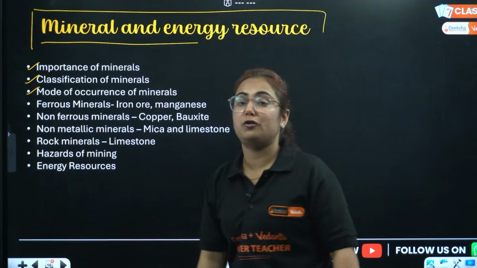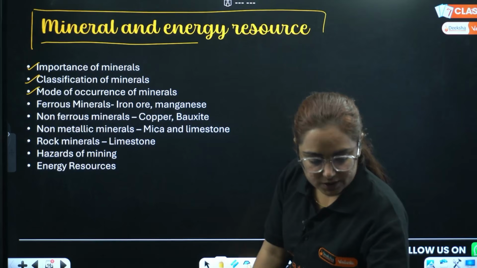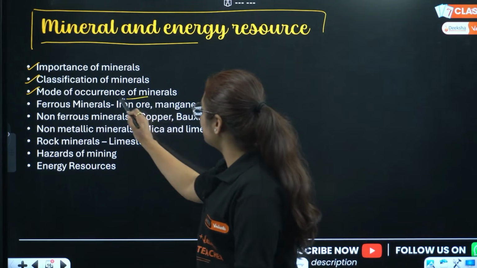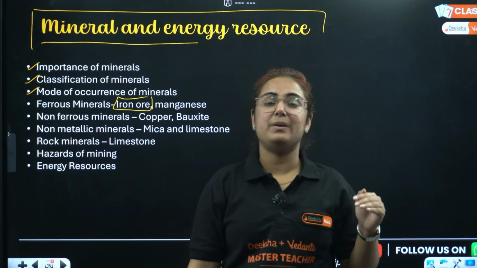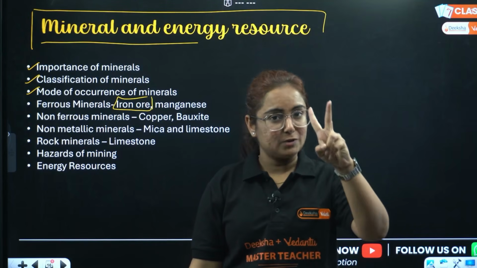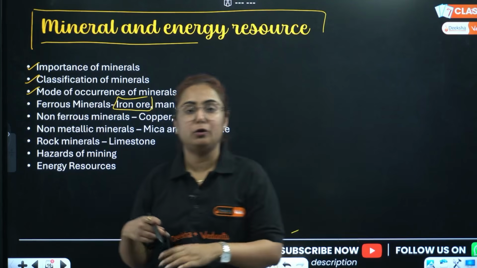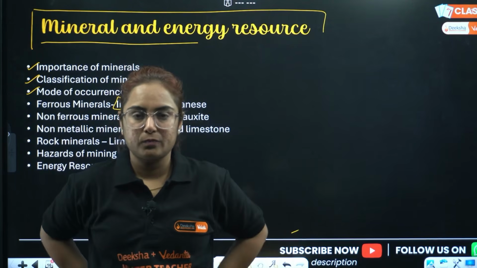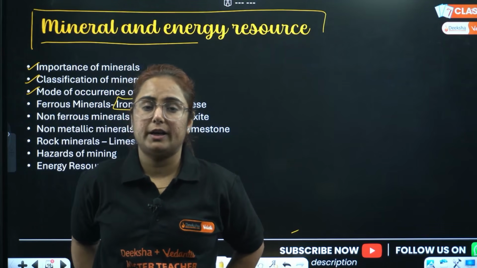Acha, classification of minerals is left here. So it is the easy topic. I would suggest you should do this. Okay. Ferrous mineral, we have to study about iron ore, magnetite and hematite. Two types of iron. Iron is basically the backbone of industries or Indian economy, right? If I talk about iron ore, there are two types.